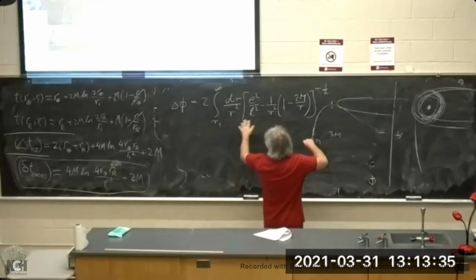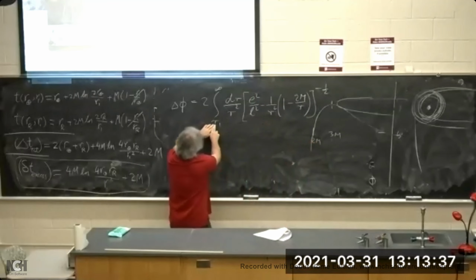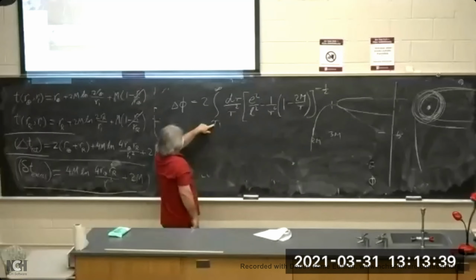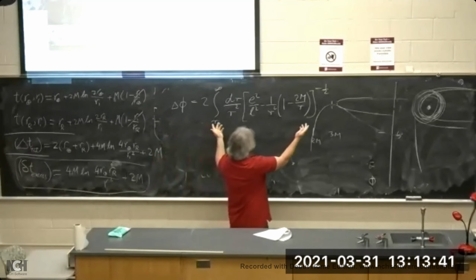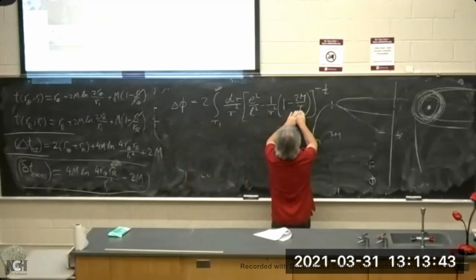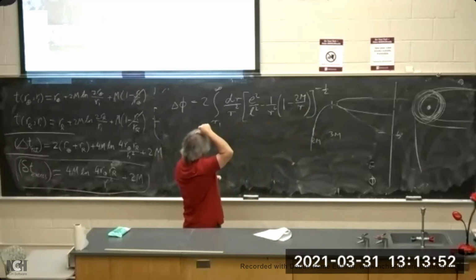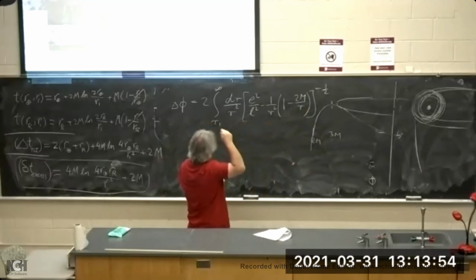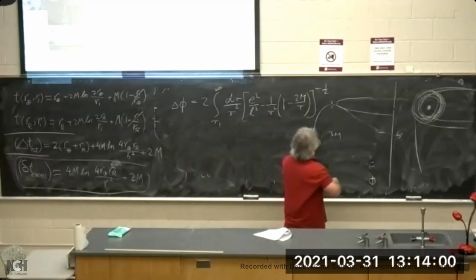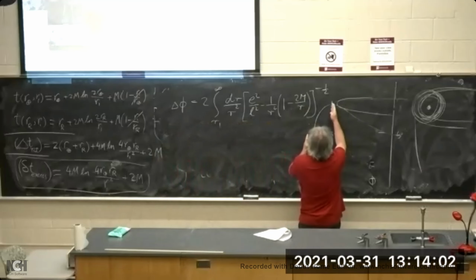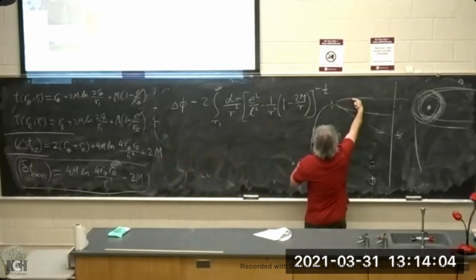Certainly, if my integration here starts at 2m, then of course it starts at this singularity. Then it's 2m over 2m. But there's of course this factor here. Not quite so simple to see.